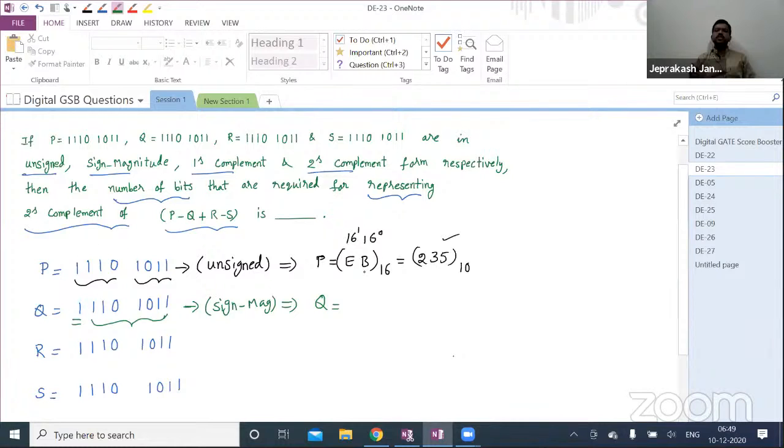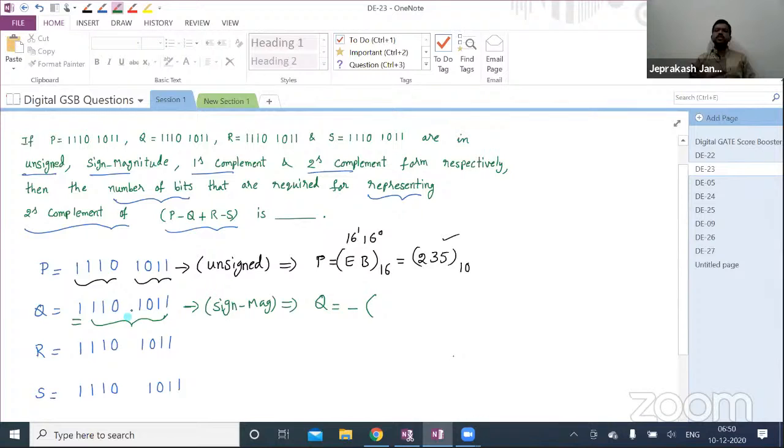If the sign bit is 0, it is a positive number. If the sign bit is 1, it is a negative number. So you will get the resultant value as minus.